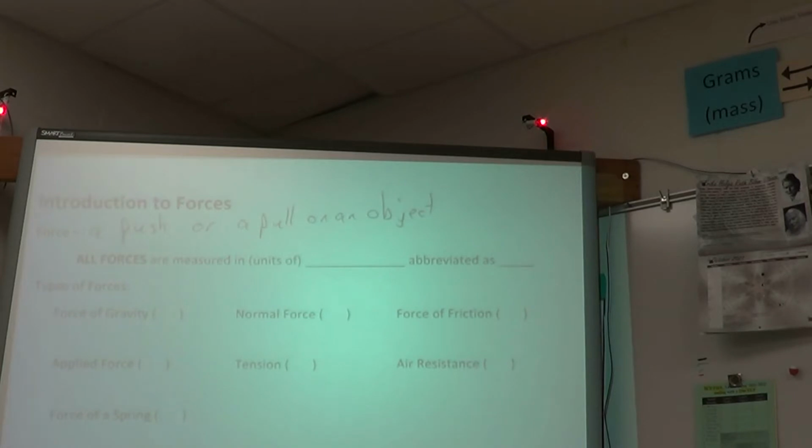The idea is I can physically push on something, or I can pull on something that I'm in direct contact with.